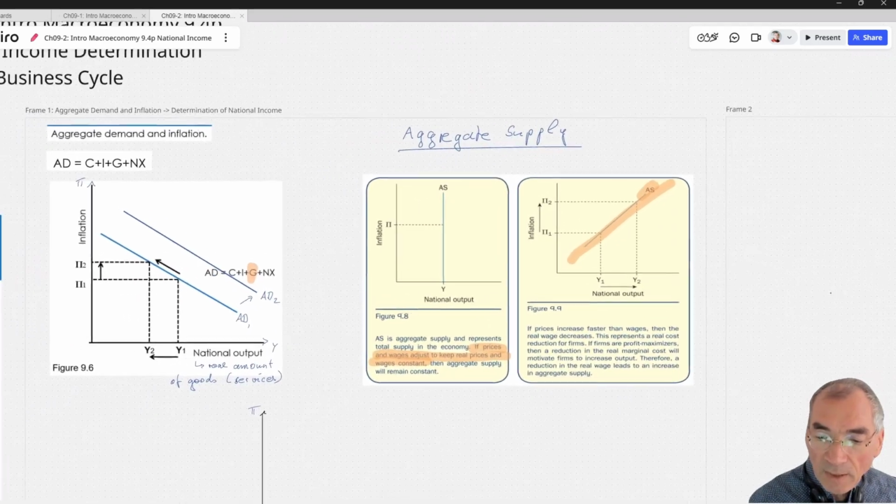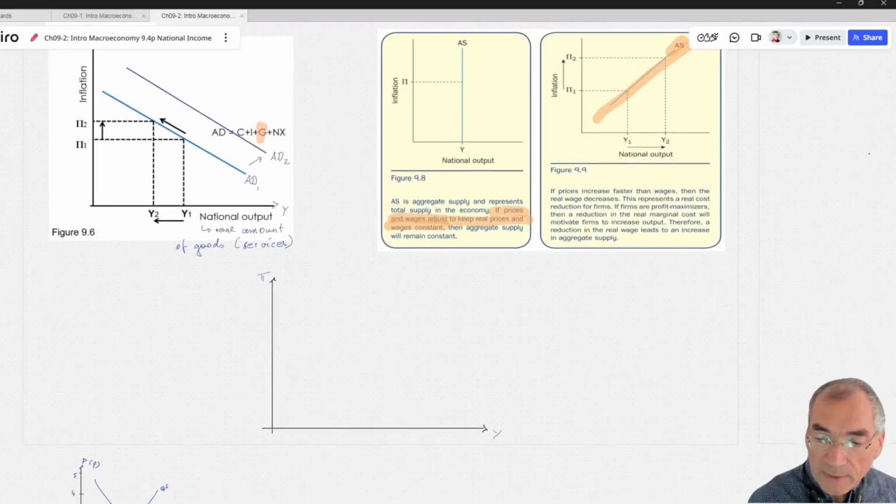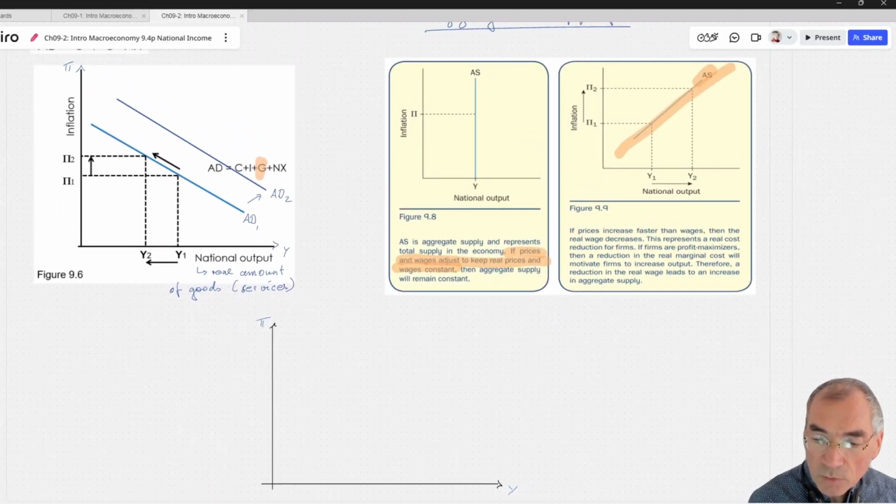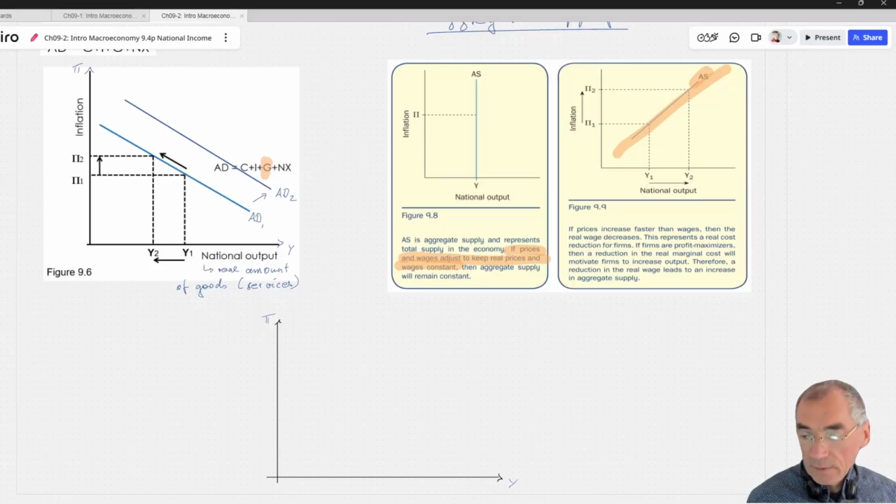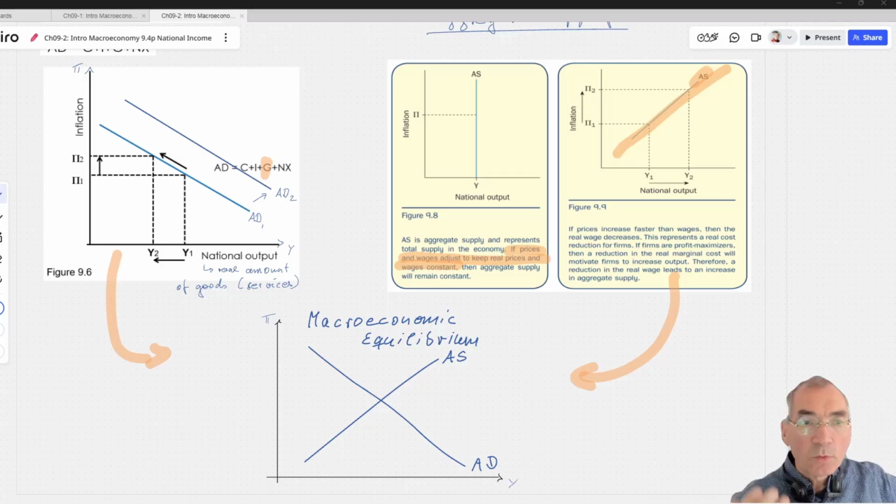Supply and demand, and there is no big surprise that we are going to bring these two together in a diagram that talks about the equilibrium, in this case, the macroeconomic equilibrium. And the story that is told now is not new.